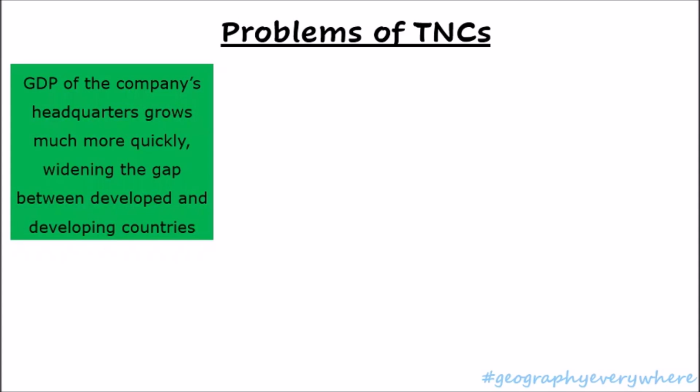Many times, headquarters of TNCs are found in more economically developed countries, and manufacturing plants are found in less economically developed countries. That means that if the developed countries are gaining more and more profit, whilst the developing countries are not, that widens the economic gap between the two countries. This makes it harder for the developing countries to keep up.